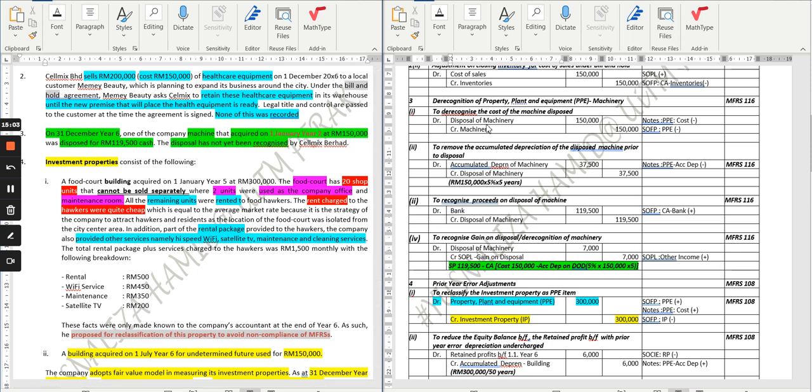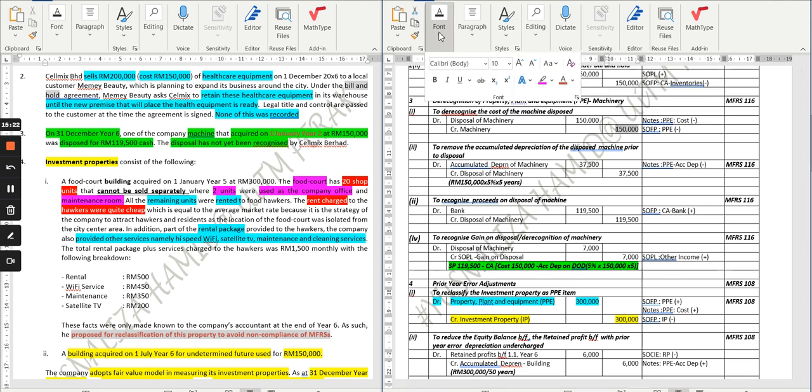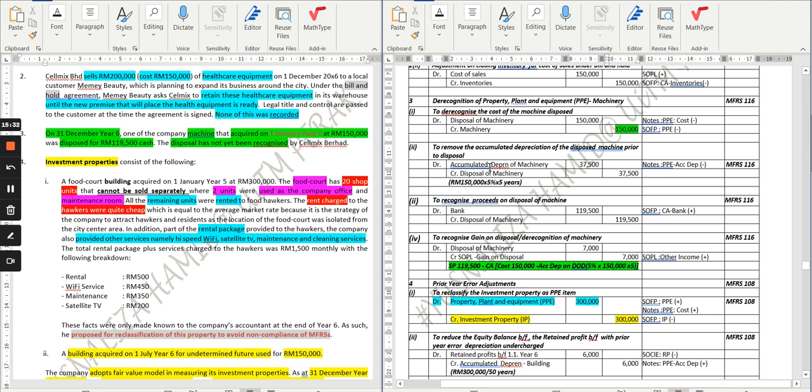You will go and debit the disposal of machinery because machinery was disposed at cost 150,000. And this will later be shown in your notes to the PPE. So your notes to the PPE will show the de-recognition or disposal, which would be this 150,000. This 150,000 is the one that you will have to de-recognize, and that has to be reflected later in your notes to the PPE.